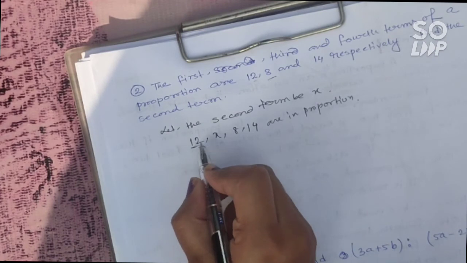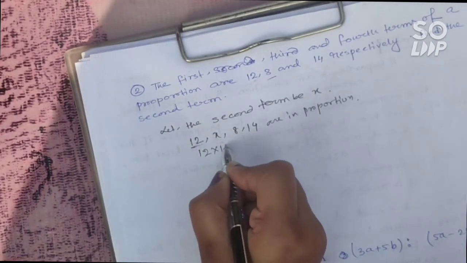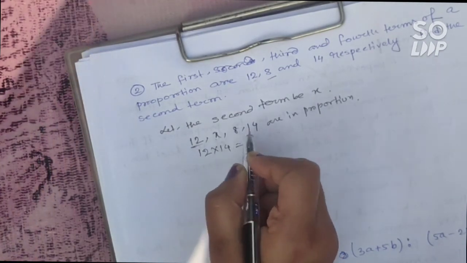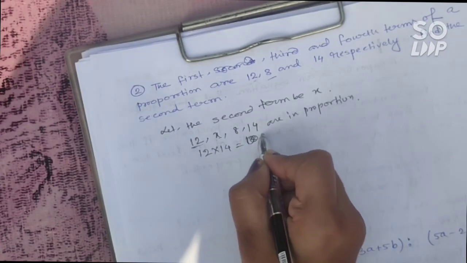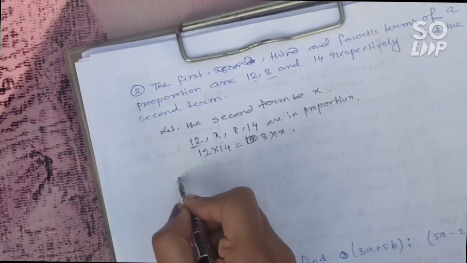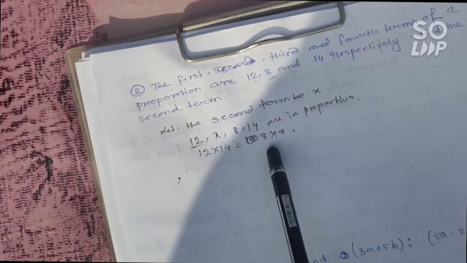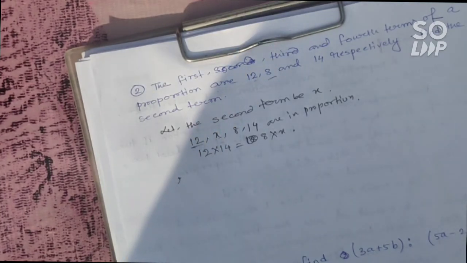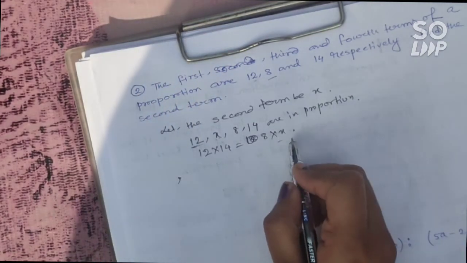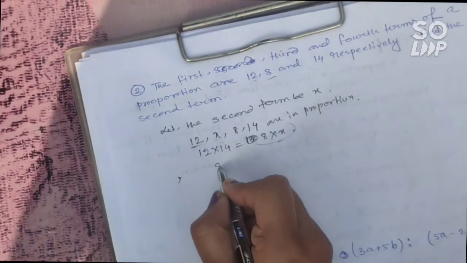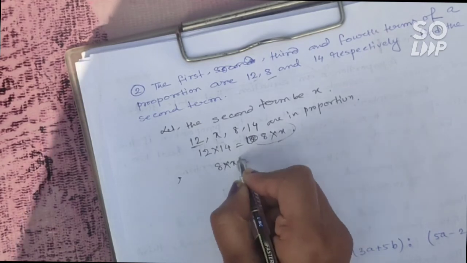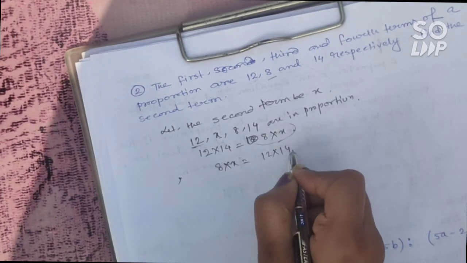The extremes are 12 and 14. So 12 into 14 equal to the product of the middle terms, that is 8 into x. Which value is unknown? The value of x is unknown. So you have to find the value of x. So we can write this as 8 into x equal to 12 into 14.